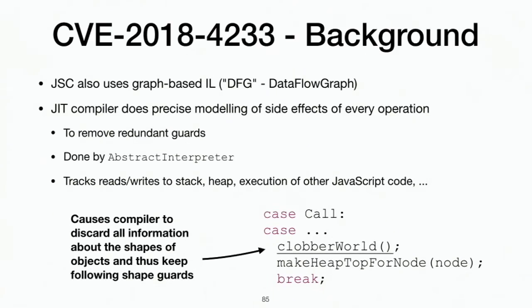If you look at this abstract interpreter, it's essentially a huge switch case statement that for every operation in the intermediate language knows what side effects it has. In case it has side effects, like a call instruction, it's calling this clobberWorld function, which basically says that, well, this has side effects, throw away all type information and keep following shape guards, right?